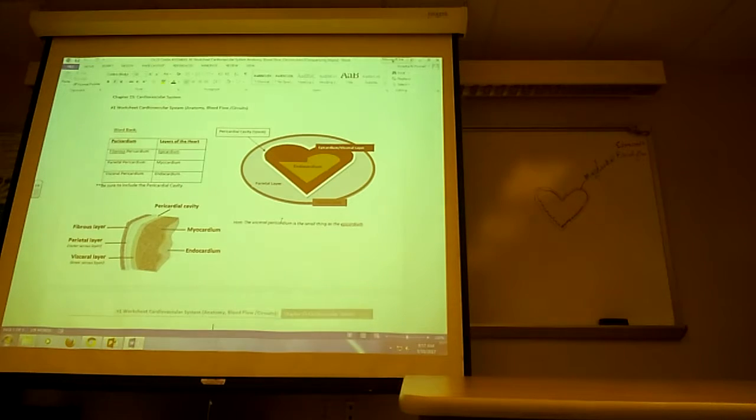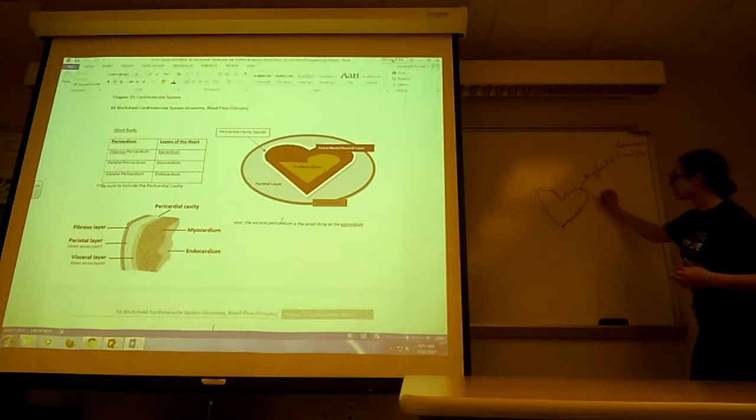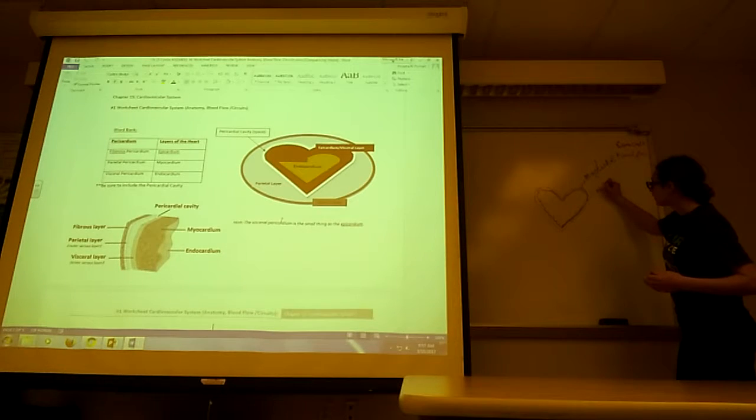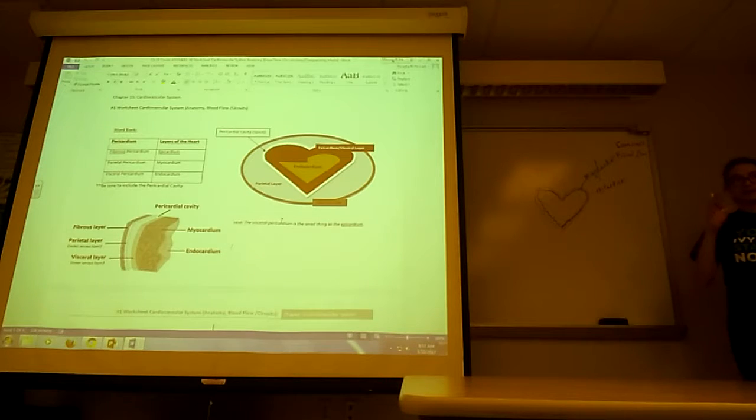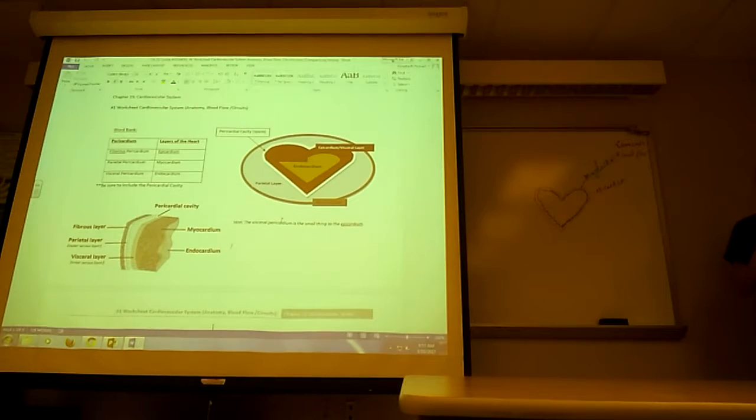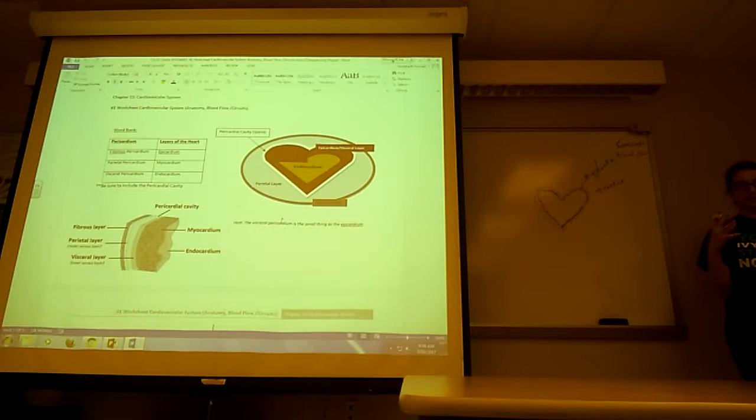And then next we have the epicardium, also known as the visceral layer. This is the part that's kind of out, like the outside of the heart. So it's like a capsule kind of. We're going to have two capsules on the heart. We're going to have this epicardium, and then we're going to have the pouch that sits around it.